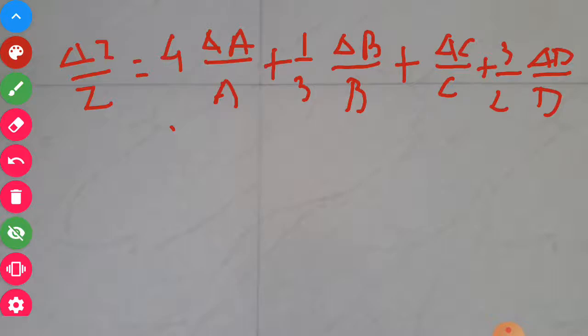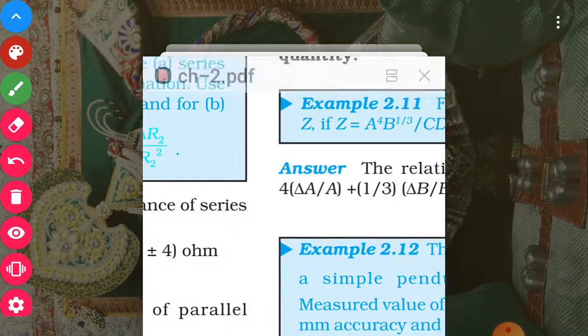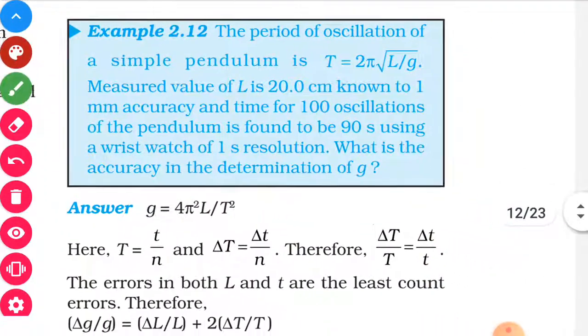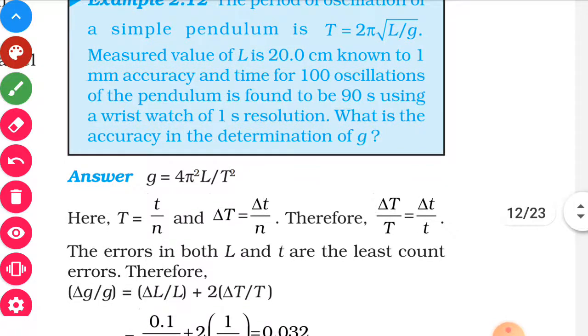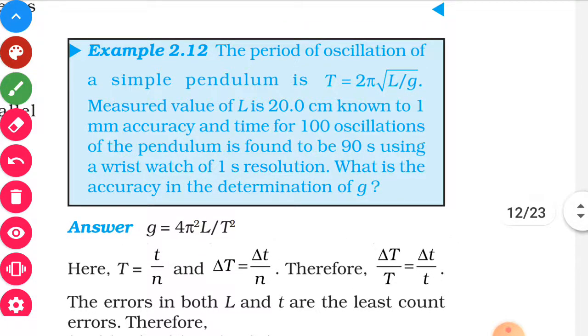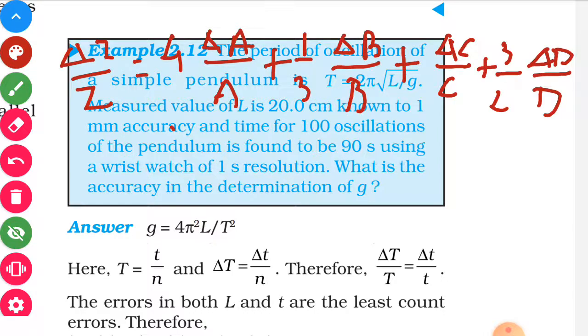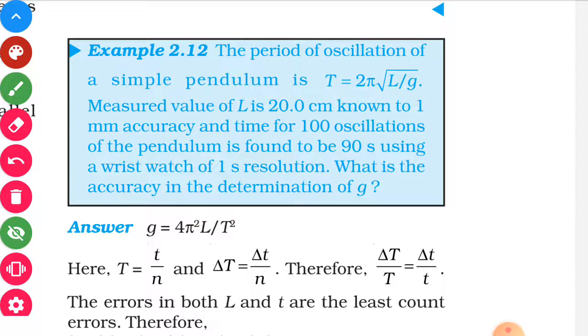Now there is one more example. The periodic time is given by the formula T is equal to 2 pi under root L upon g, where L is length. The length is 20 centimeter, known to 1 millimeter accuracy.